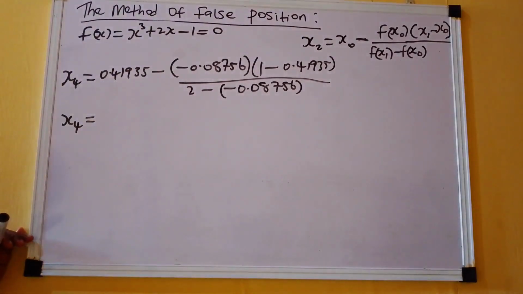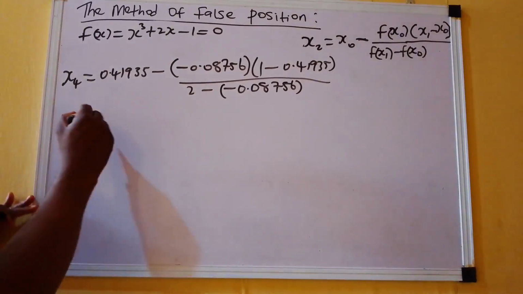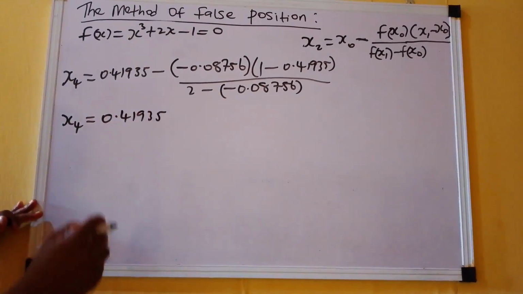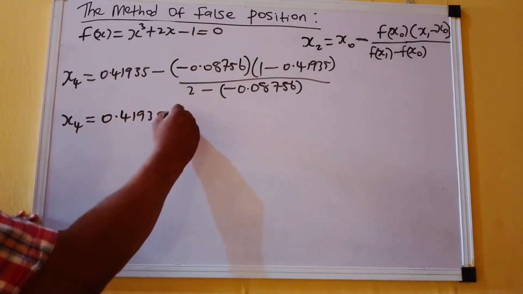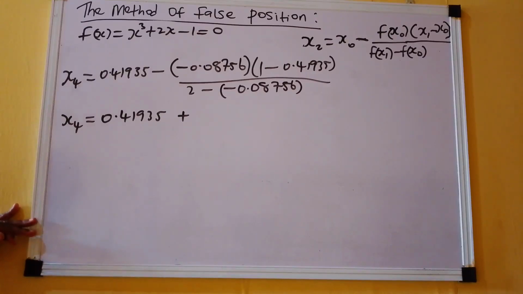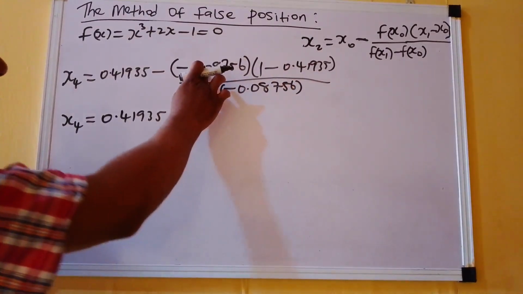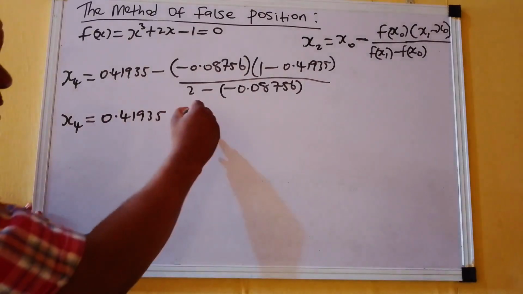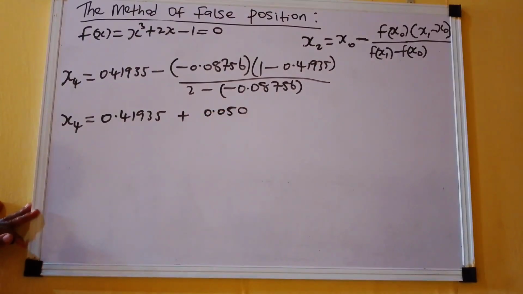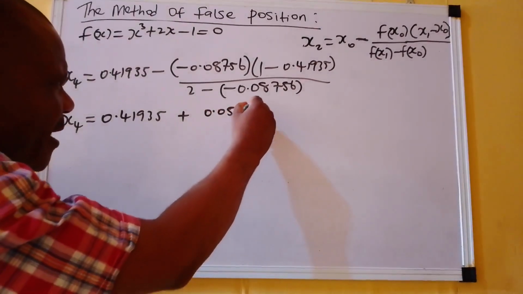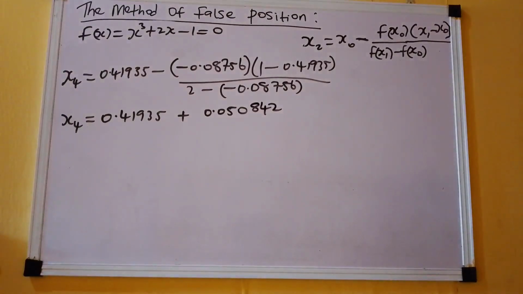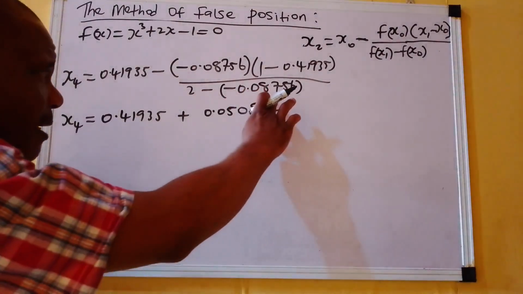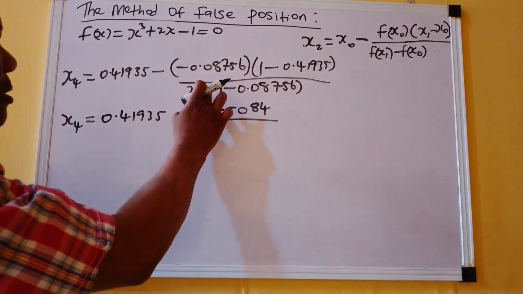It will now be equal to 0.41935, then plus, you take this away from this and multiply it by this, you are going to have 0.050884, then all over 2 into minus times minus is plus.